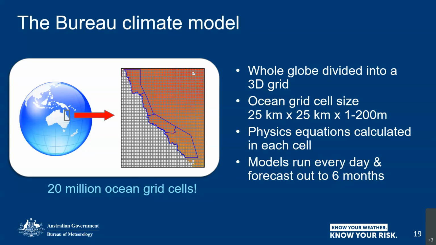And right at the top layer is about 1 metre deep, and they go down to layers that are about 200 metres thick. And in each of those grid cells, all the physics equations are calculated. So that's 20 million ocean grid cells just in that model. So we need a really big computer to be running all of that. The models run every day and we forecast out to 6 months.